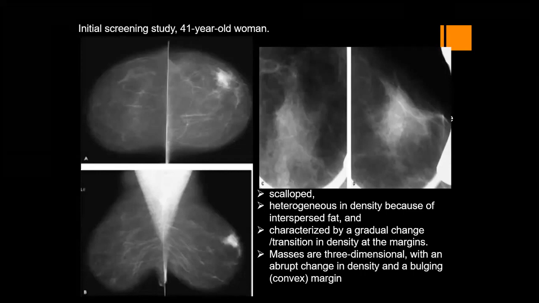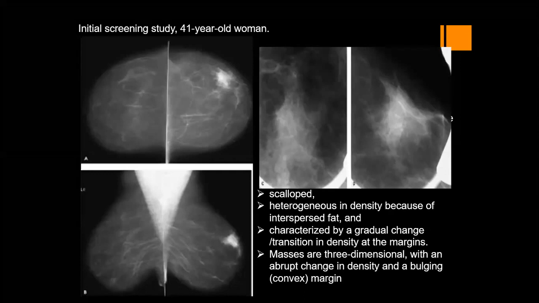Are the differential diagnoses for asymmetry? If you remember from the lecture of asymmetry, what are the differential diagnoses? It could be following infection, following mastitis, excellent.